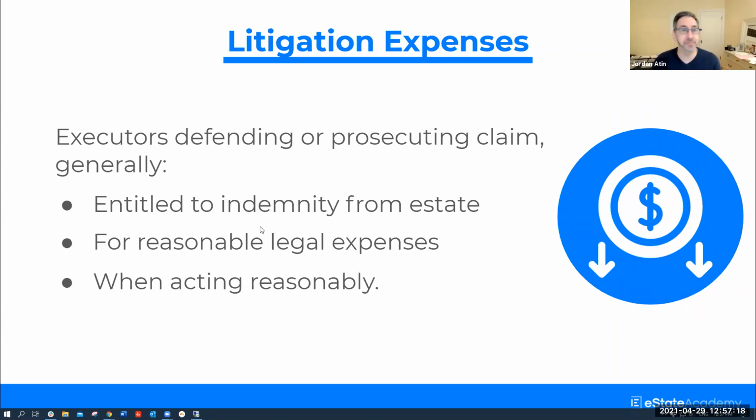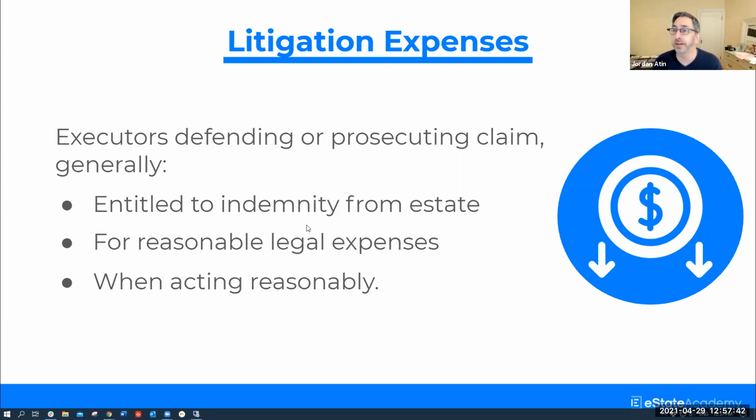So the last point I just wanted to talk about is that in defending a claim, executors are entitled to defend and prosecute claims, and that's in fact their duty in many ways. But it's not a blank check, right? If they act reasonably and spend reasonably on the prosecution or defense of a claim, then they're typically going to get reimbursed from the estate.